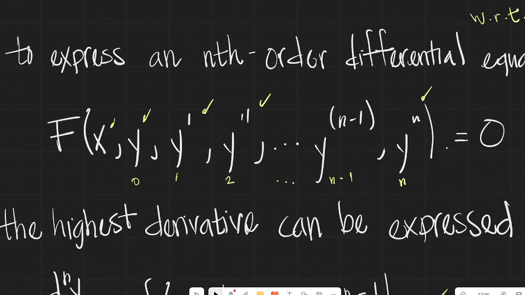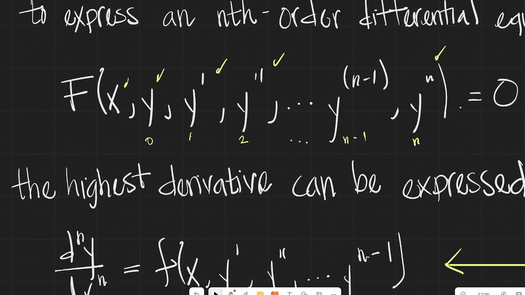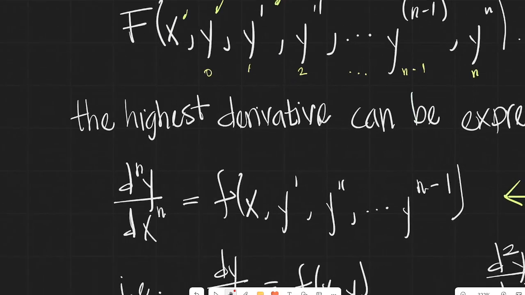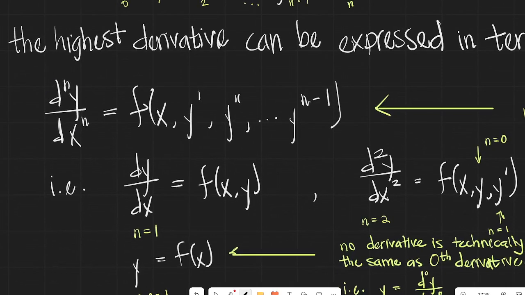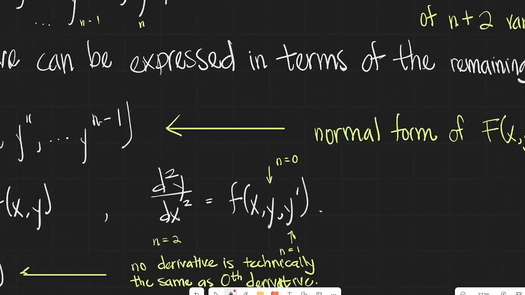Now, this equation can be expressed in terms of this highest derivative, y to the n. So by just moving it to the other side, we have this expression here. So the nth derivative, the highest derivative, can be solved for by the remaining n minus 1 variables. And I believe I wrote that here.